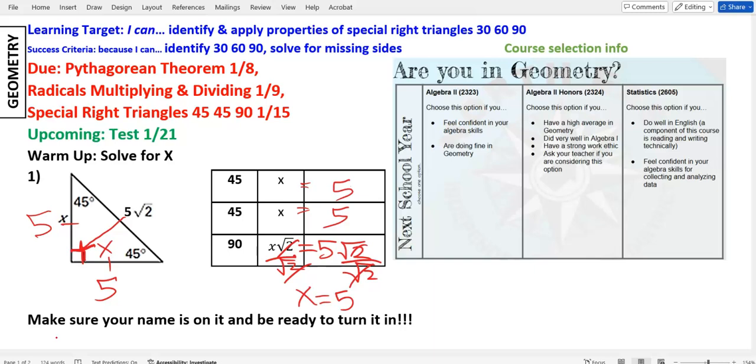The point is, why are you not doing it? Yeah, I forgot, my dog ate my work. Sir, why are you sitting here?